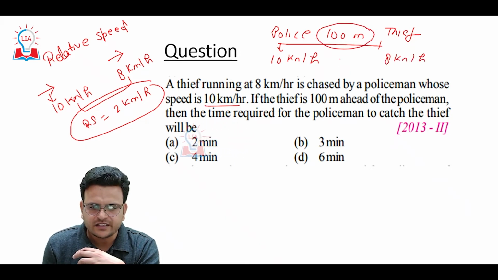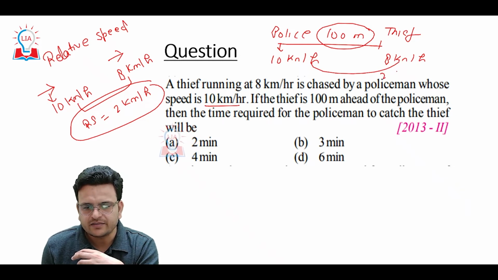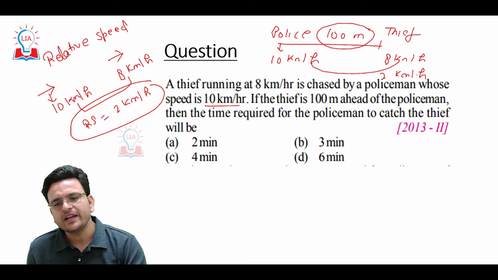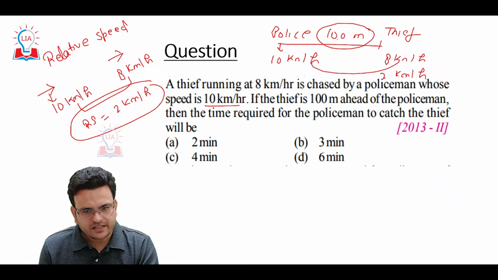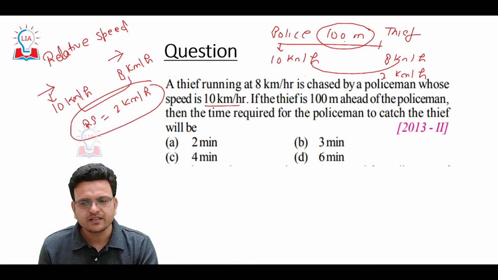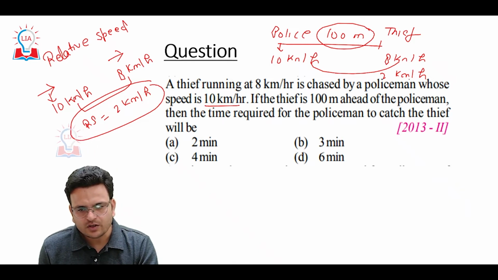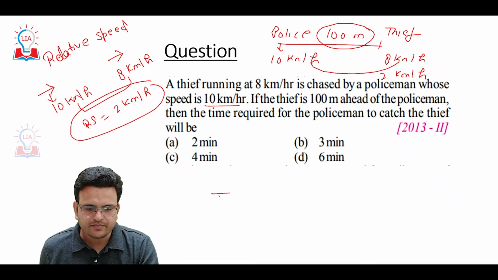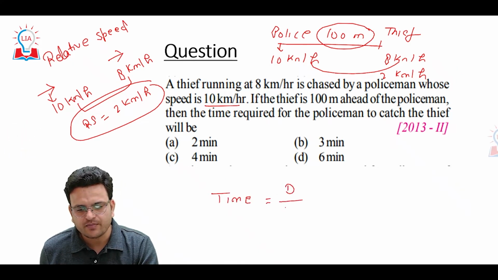Okay, this distance will be covered at the relative speed, that is 2 km per hour. Okay, so here the distance is 800 meter and speed is in kilometer per hour. So we can say that the time taken by the policeman to catch the thief is distance upon speed.